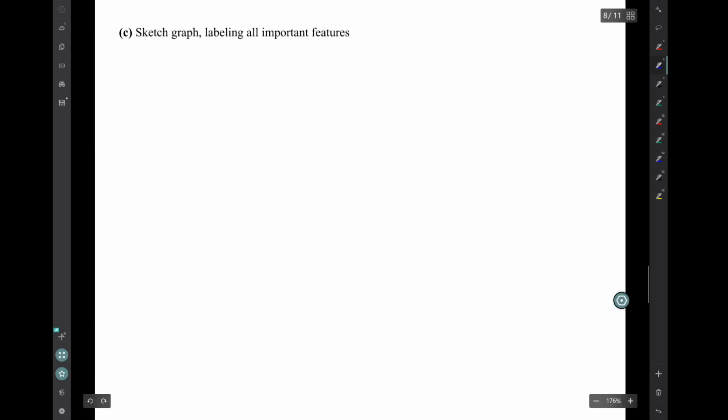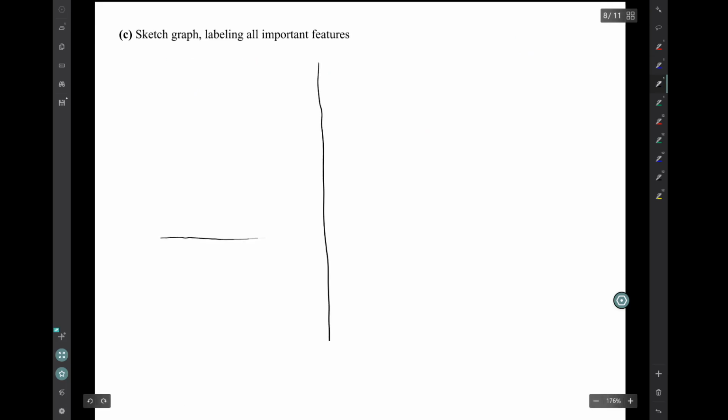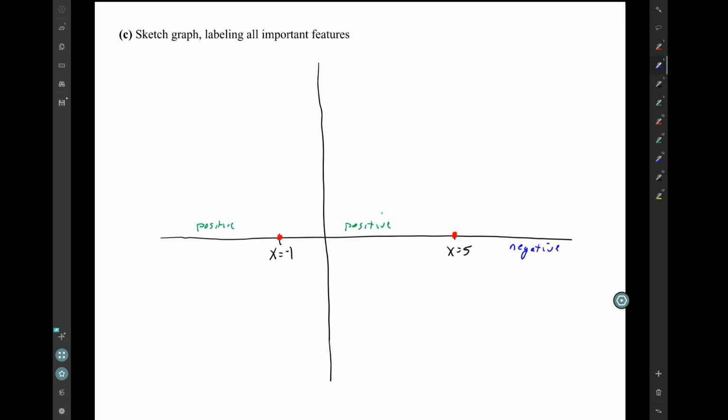So let's start by making a set of axes and put that information about the sign behavior of f of x on those axes. So from question A, we know about the positive and negative behavior. F is positive on these intervals, and F is negative on this interval.